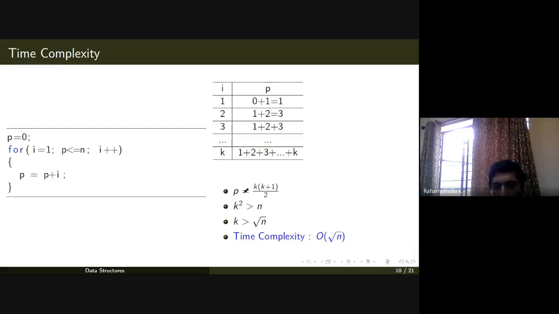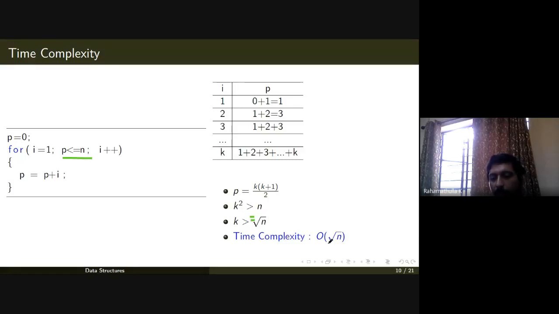So p equal to k into k plus 1 by 2, 1 plus 2 plus 3 plus etc. plus k, which is equal to k into k plus 1 by 2. So for this condition to be true, k square should be greater than n. Means that k should be greater than root n. Let's take this equal to root n.